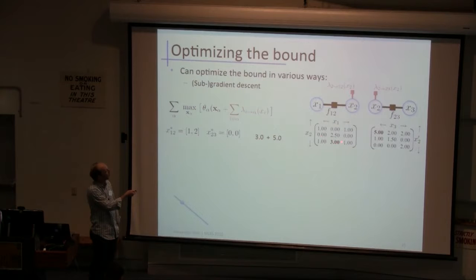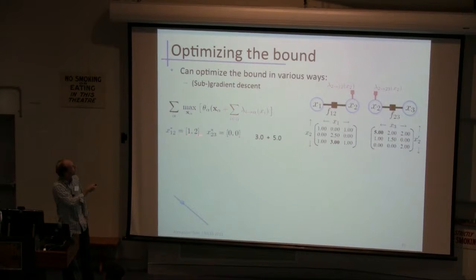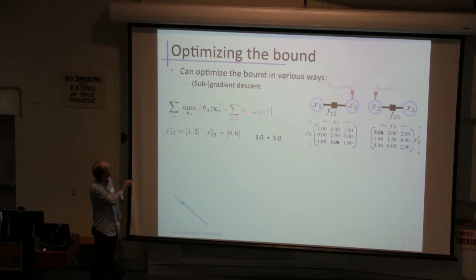So we have an initial bound that our MAP configuration must be smaller than 8. And the configuration that we chose for this factor was 1, 2, and the configuration we chose over here was 0, 0. Right? So the configurations of x2, which are shared by these two problems, are inconsistent between the two individual optima.